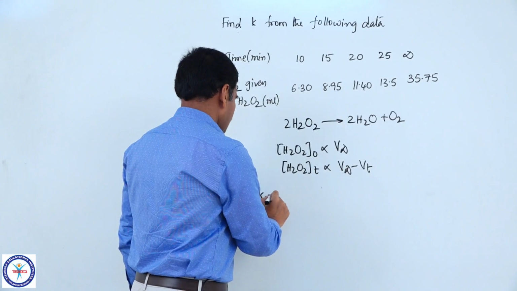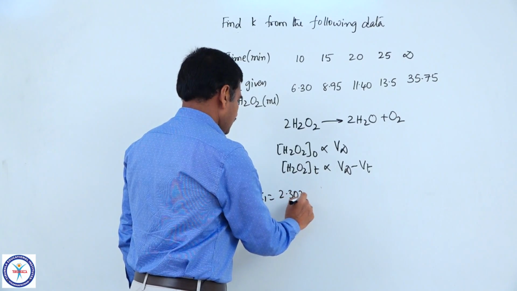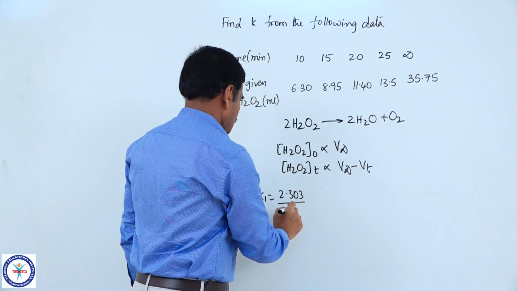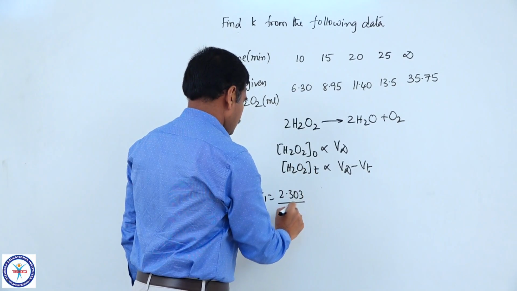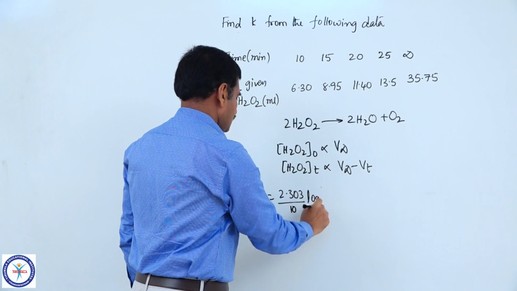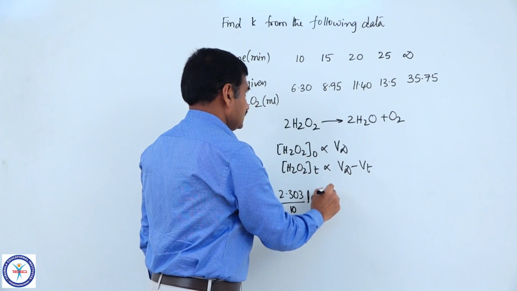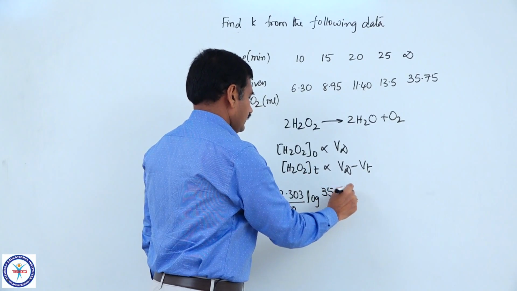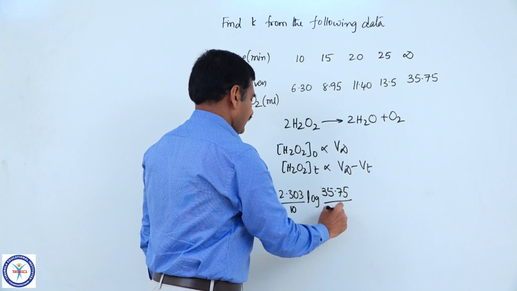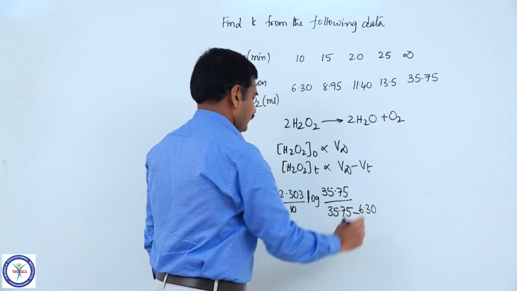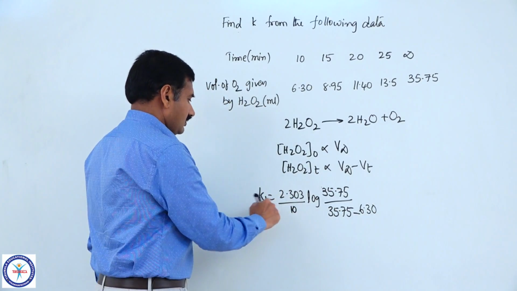Therefore, K1 equal to 2.303 divided by t, which is now 10 minutes, into log V infinity, which is 35.75, divided by 35.75 minus 6.3. That is one value of K.